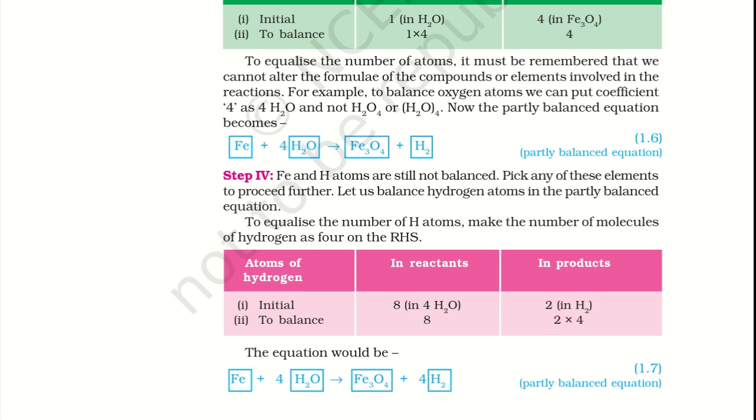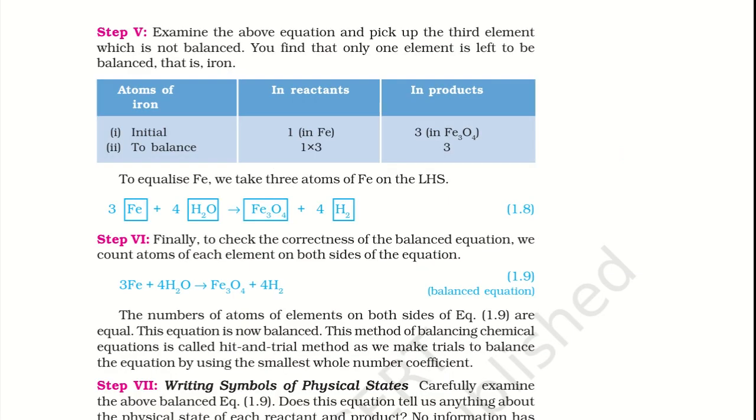Here you can see that instead of H2 we wrote 4H2. 4 2s are 8 hydrogen on the left-hand side, as well as 4 2s are 8 on the right-hand side. Also, because of keeping this 4, we got balanced oxygen in both the reactant and the product. Now we are only left with iron as imbalanced.